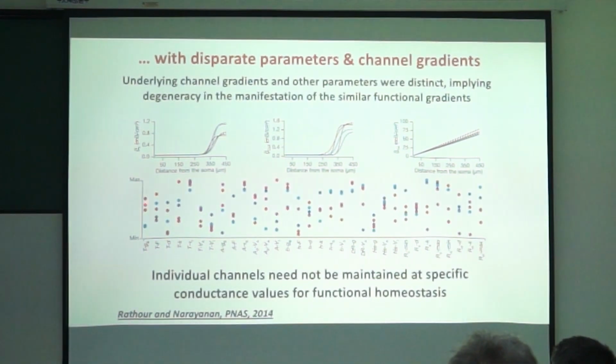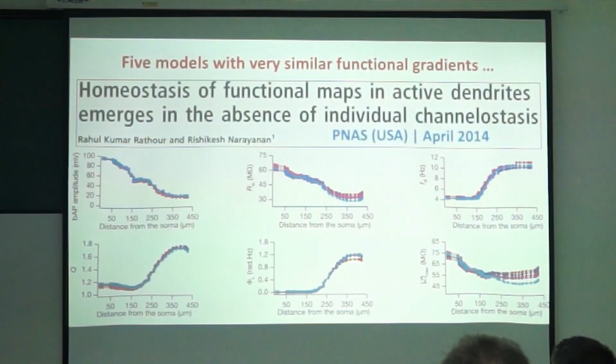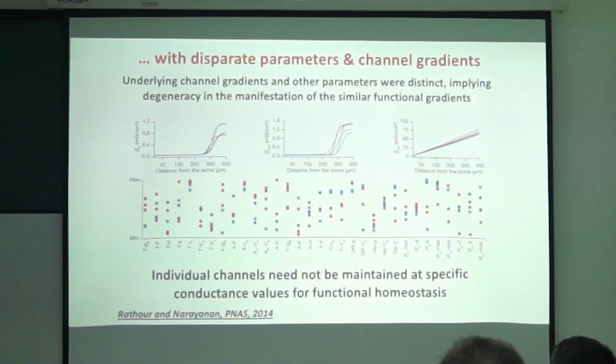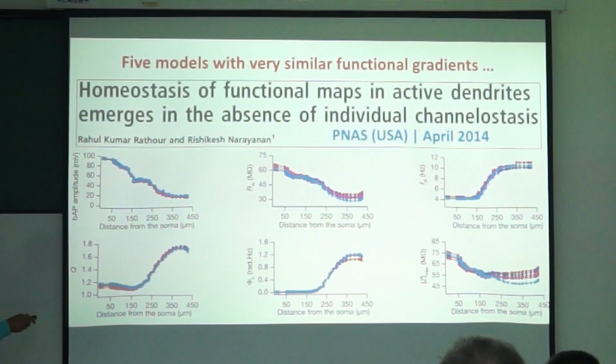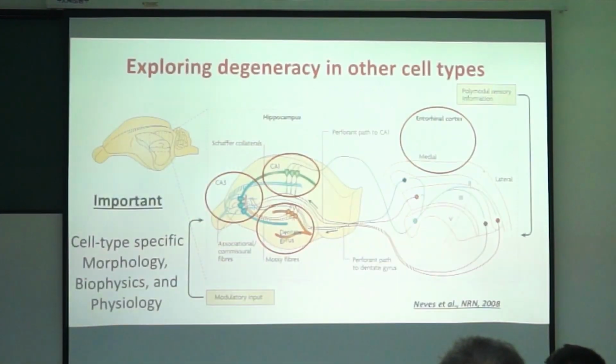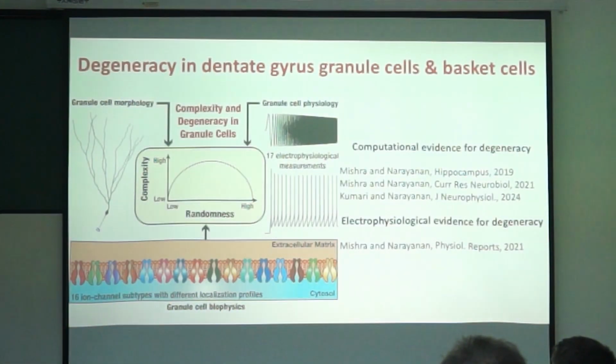So this shows you that you can get exactly the same function with very different ion channel combinations, and therefore you don't have to maintain individual channels at specific levels to be able to get the function. We have repeated this over and over again in different parts of the hippocampus. So that was the CA1 pyramidal neurons.